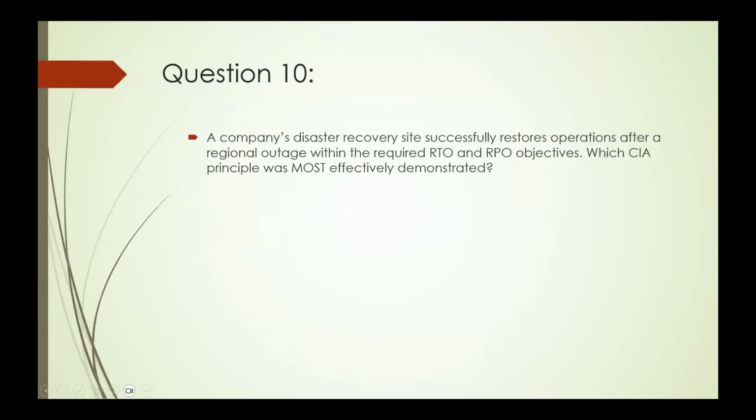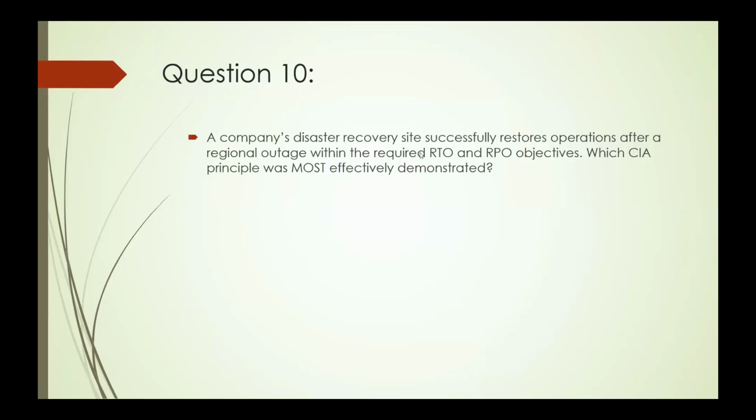Next, a company's disaster recovery site successfully restores operations after a regional outage within the required RTO and RPO objectives. So, what is RTO and what is RPO? First, we should understand that to complete this question. RTO is nothing but recovery time objective.